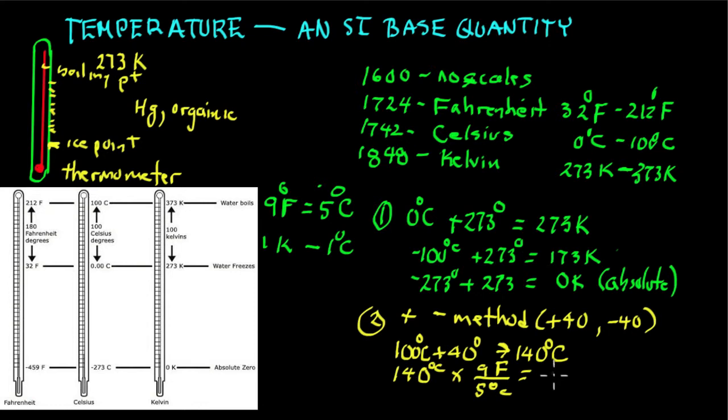And what you come out with is 252 degrees Fahrenheit. Now we subtract. The third thing, subtract 40. So 252 minus 40 is 212 degrees Fahrenheit. Now let me just show you what we had. We added 40, then we subtracted 40.